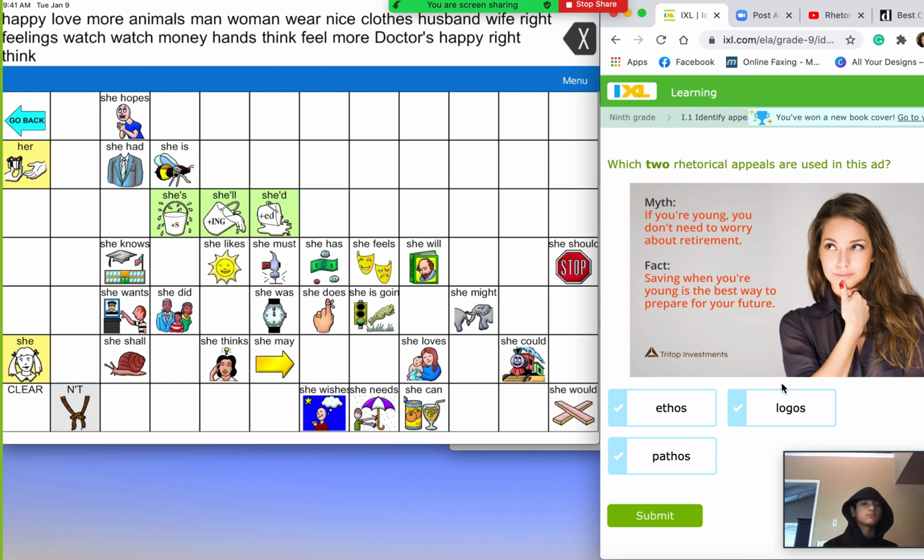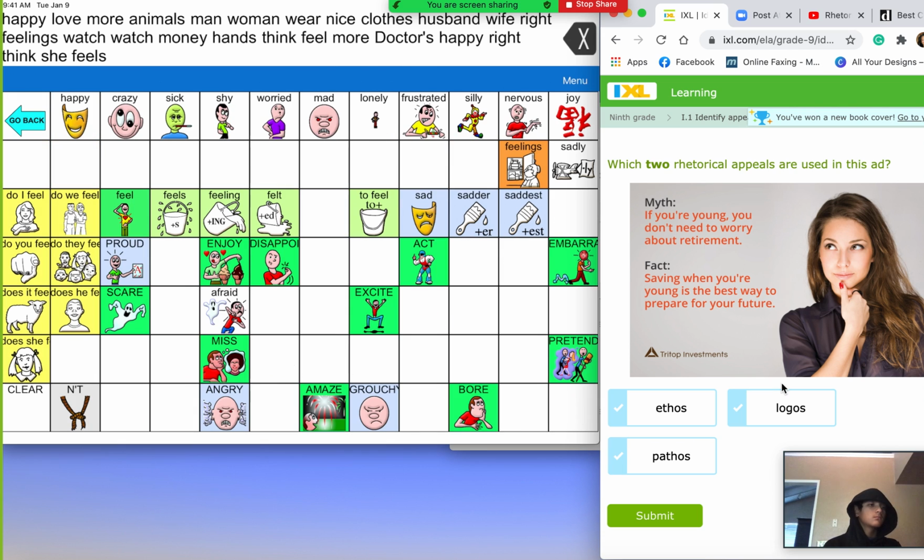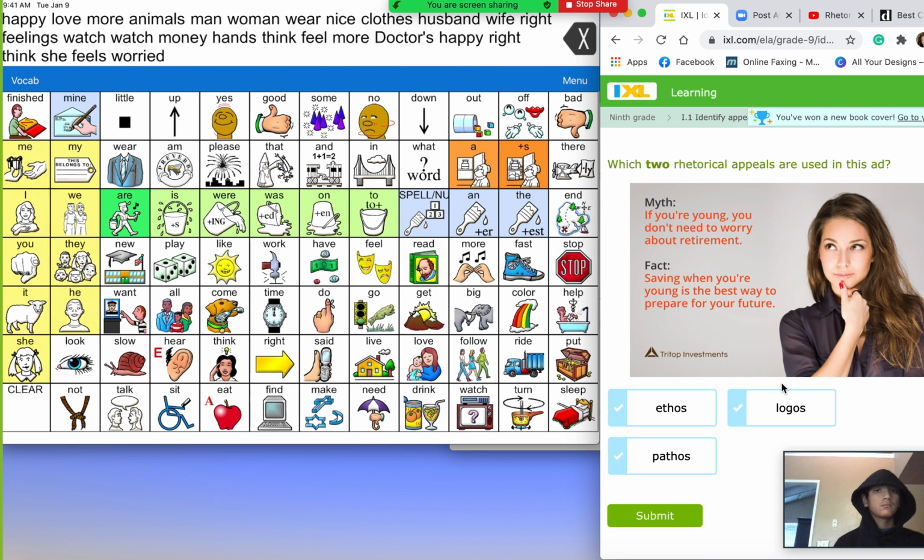Okay, so what do you think about her? Okay, she feels, how does she feel? She feels maybe something, oh, yeah, that works. She feels worried, right? Oh, and it also said worry right there. Okay, very cool.